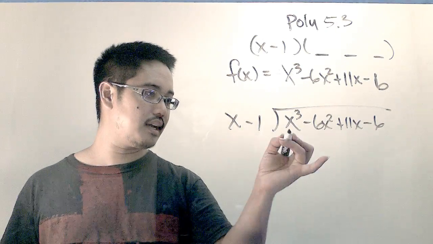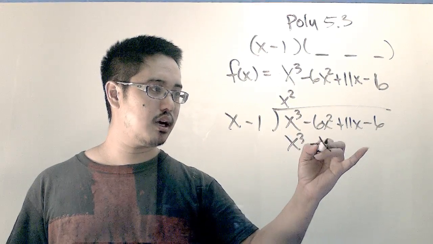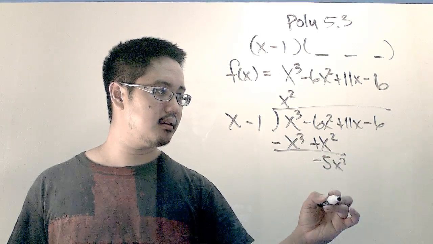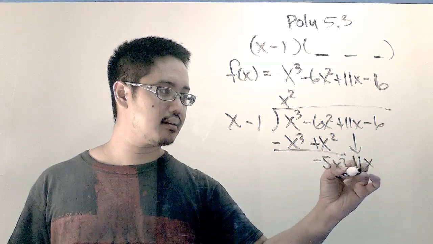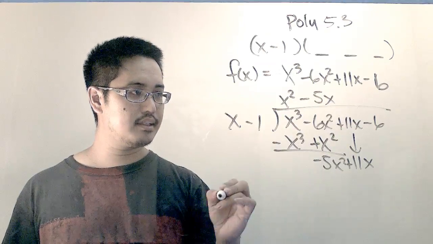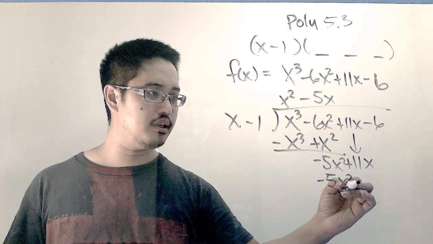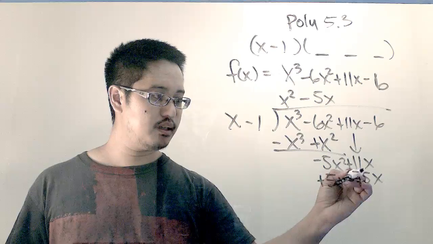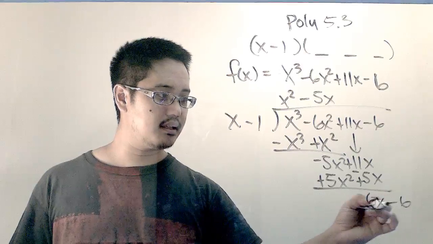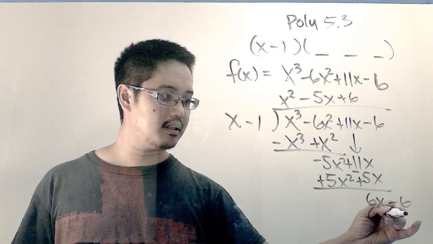Let's play this game. x squared, multiply this out, that gets x cubed minus x squared, negative 5x squared, drop that down, 11x, plus of course negative 5x, and let's see, this would be negative 5x squared, and then this would be positive 5x. 11 minus 5 is 6x minus 6, so I'm going to have to multiply this by 6 to get 6x minus 6.